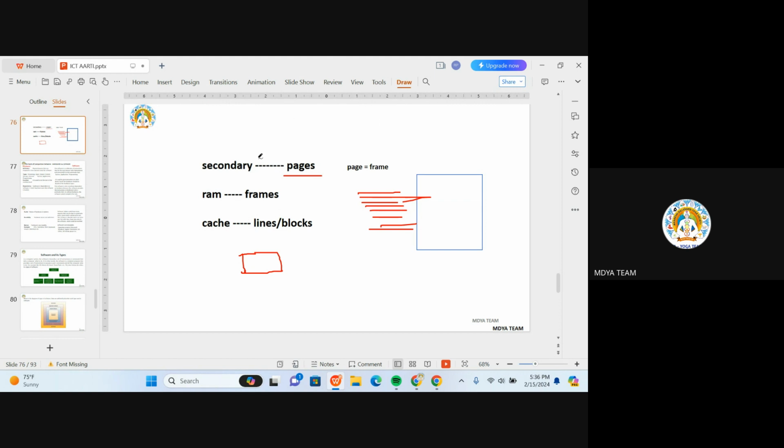The data under processing is in the RAM, and the data that is being processed, in front of our eyes, is in the CPU. The CPU can execute only one page, or one slide, at one time.